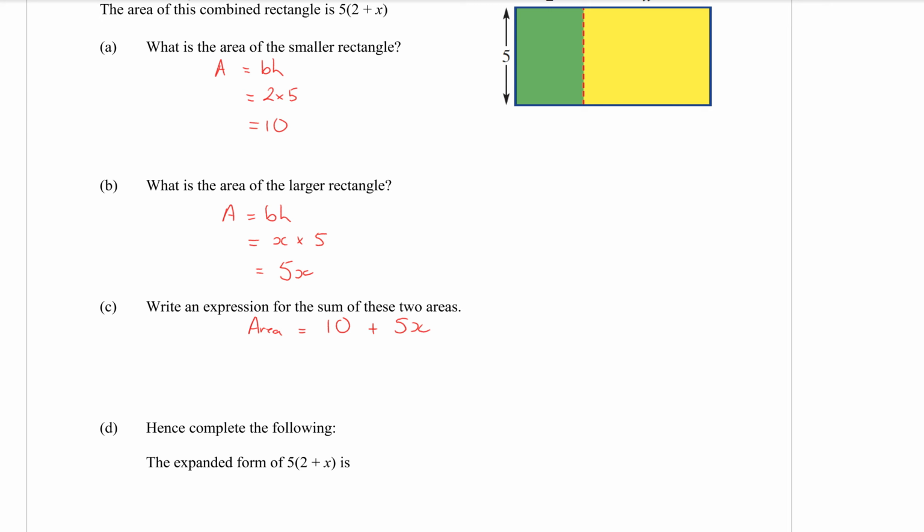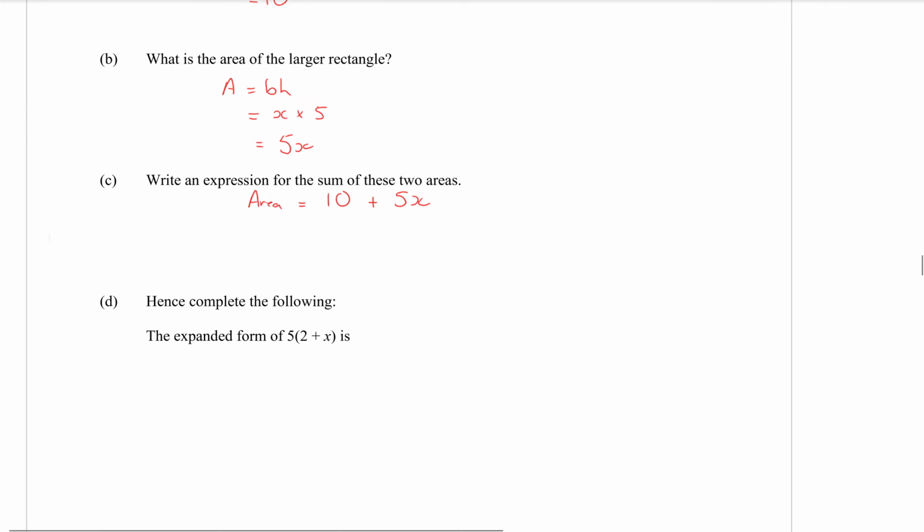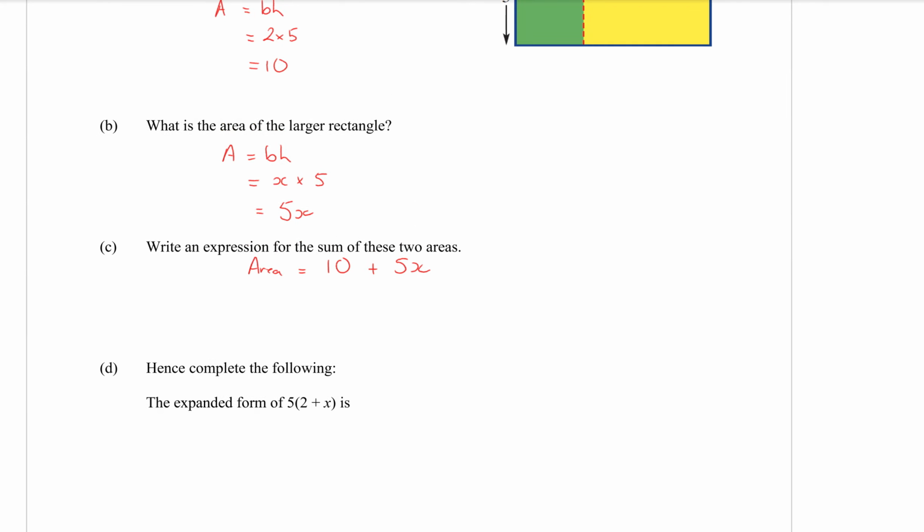Now, why are we doing this? Part D tells us why we're doing this. Hence, complete the following. The expanded form of 5 bracket x plus 2 is. Now, we practiced that over and over and over on the last page. Let's do it one more time. 5 times 2 is 10 plus 5 times x is 5x, which was exactly what we got here.